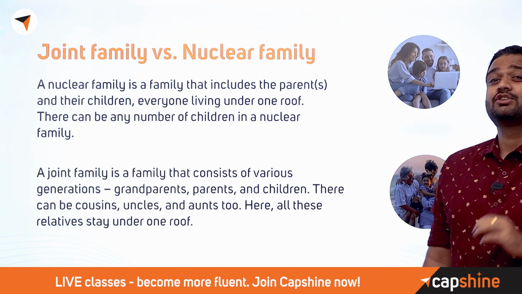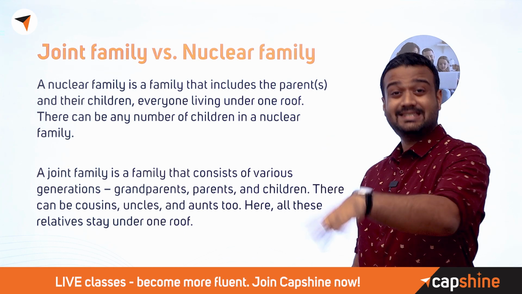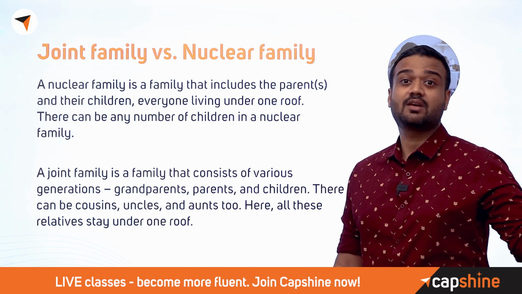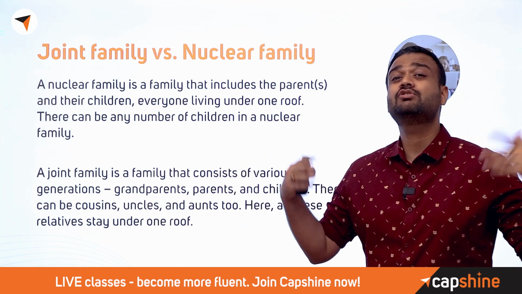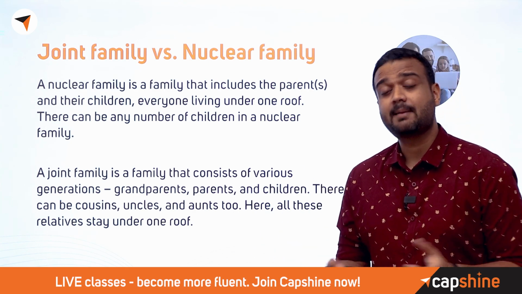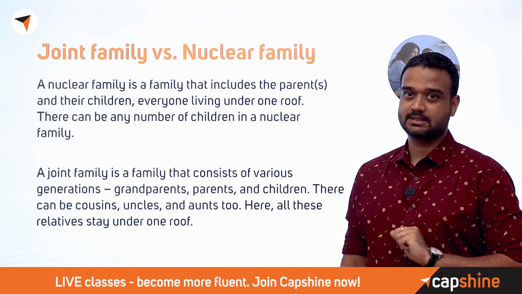But if it's a joint family, I would essentially be living with my parents, my sister's family, my other sister's family, maybe even cousins and other relatives, all in the same household. This used to be common practice some years, maybe a generation or two back, but these days you have more nuclear families than joint families.